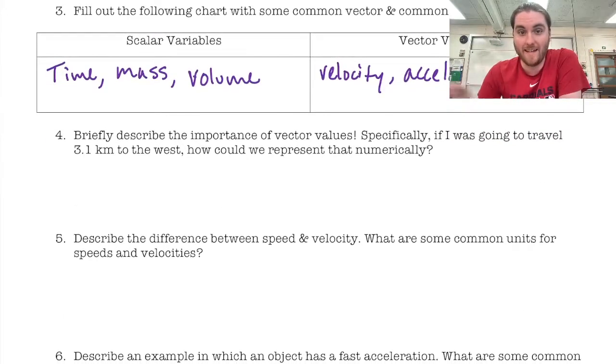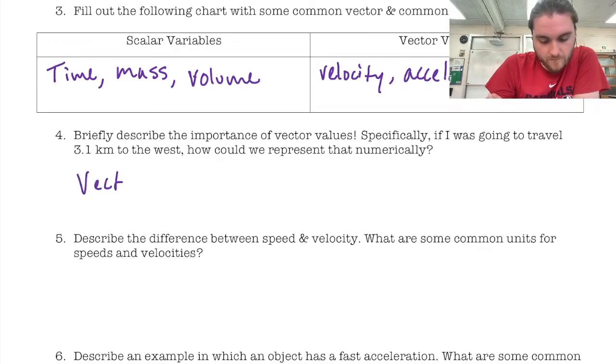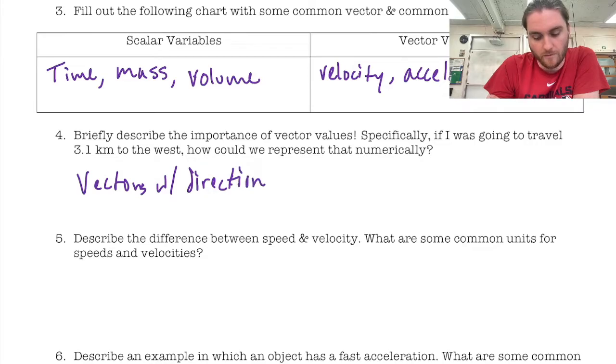Along the same lines, I'm asking, what's the importance of vectors? Well, vectors, with direction, give us more info.